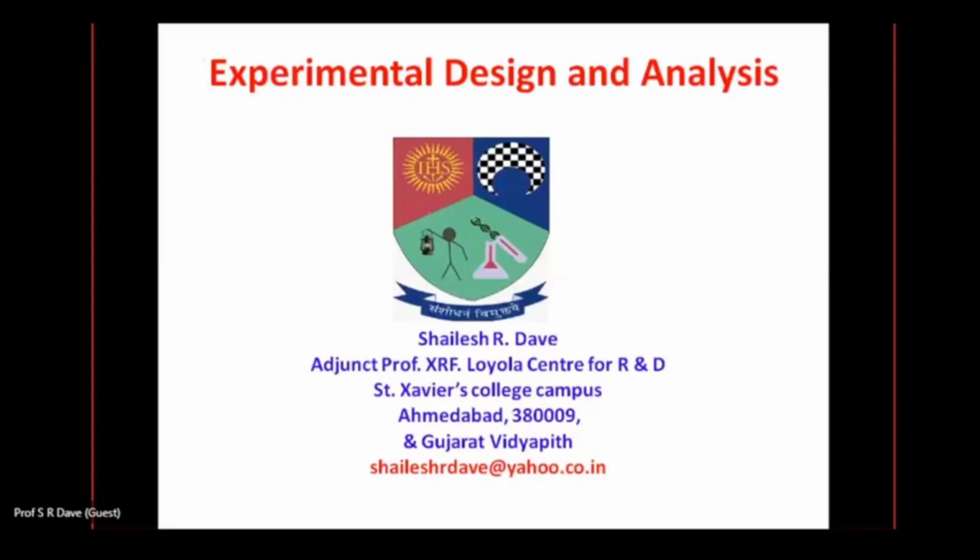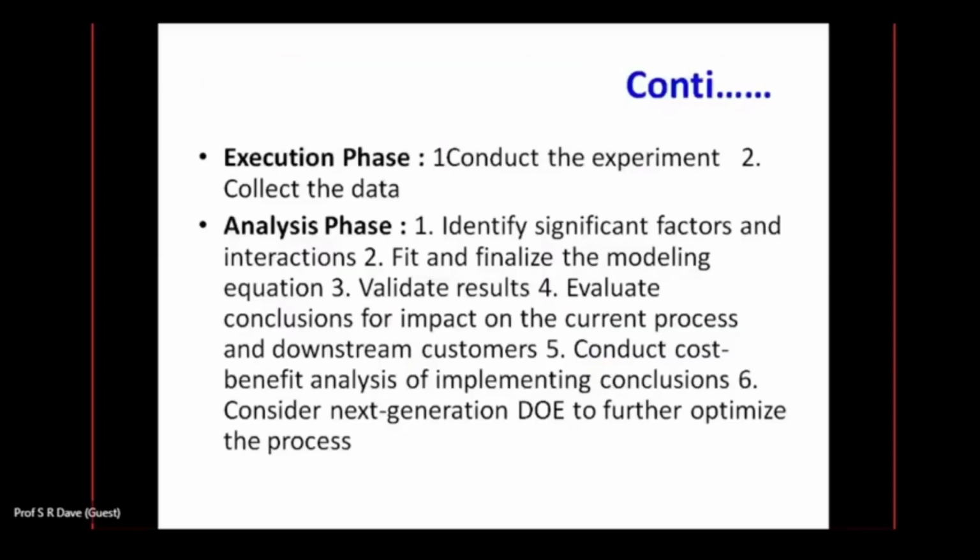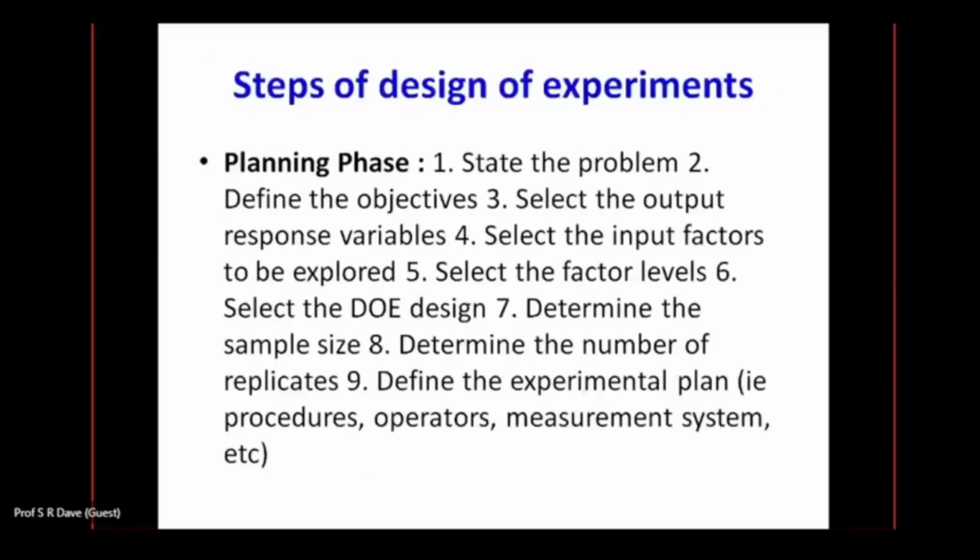Now, the first step of the experimental design. What are the various steps of the design? The first step is the planning phase. Unfortunately, we all, teachers as well as students, give less importance to the planning phase.